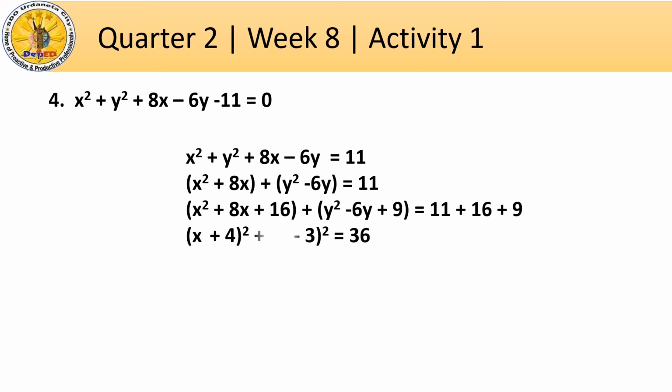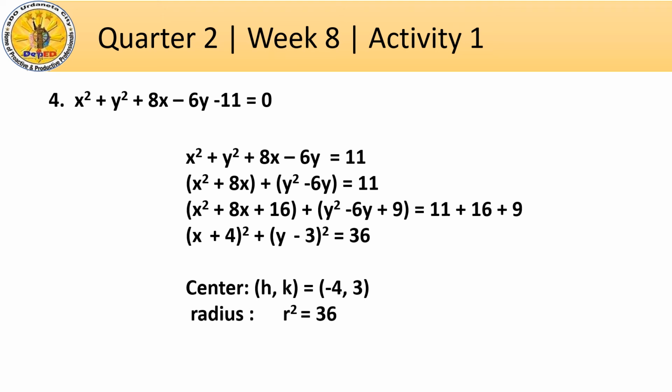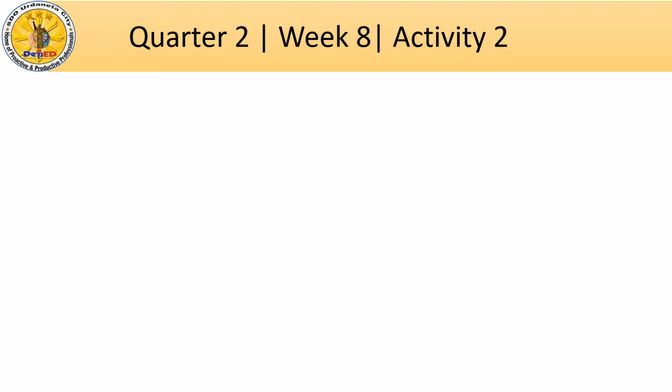So we have now the quantity x plus 4 squared plus the quantity y minus 3 squared is equal to 36. Then we can now find the center of the circle, which is negative 4, 3, and the radius is equal to 6.